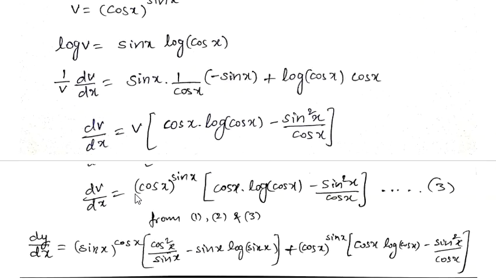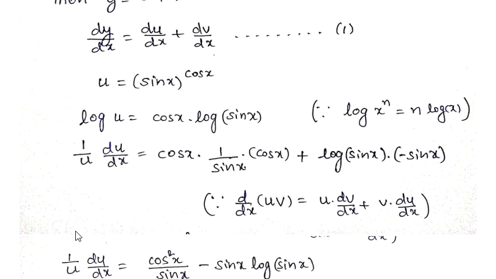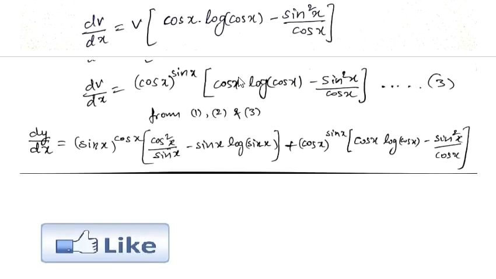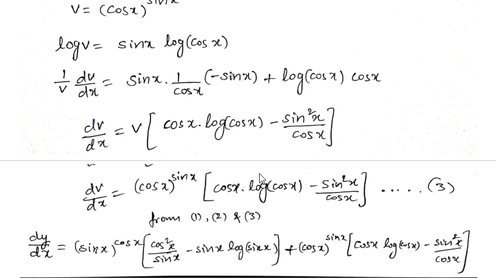So combining all those equations, you can write dy by dx is (sin x)^(cos x) into (cos square x by sin x minus sin x log sin x) plus (cos x)^(sin x) into (cos x log cos x minus sin square x by cos x). So this is the dy by dx of the given equation. So we have found the dy by dx of this given equation. So this is our answer.